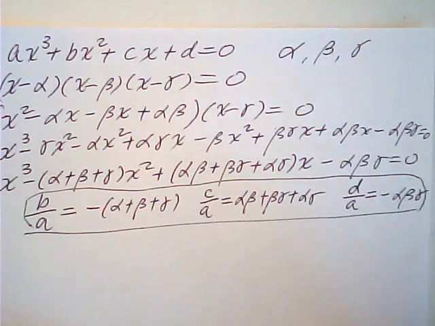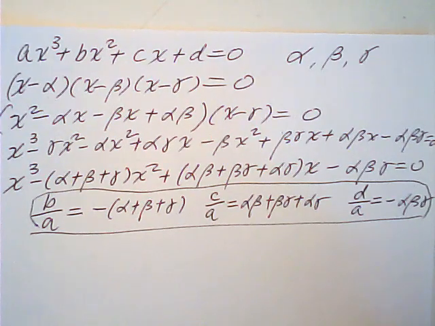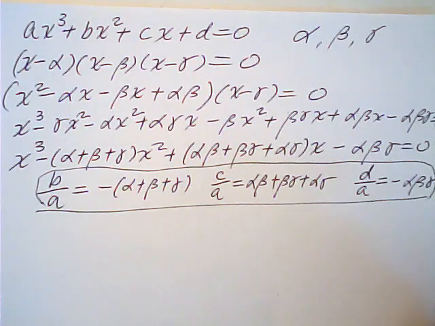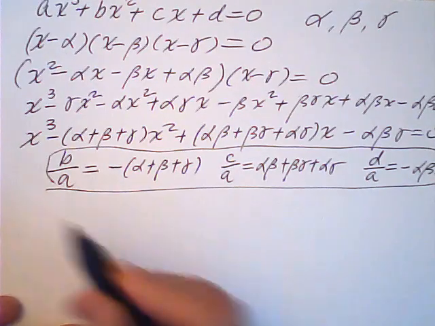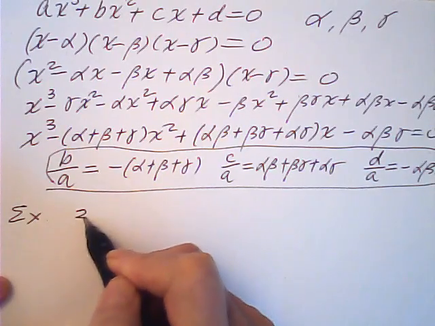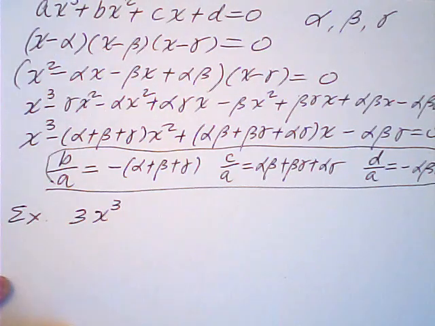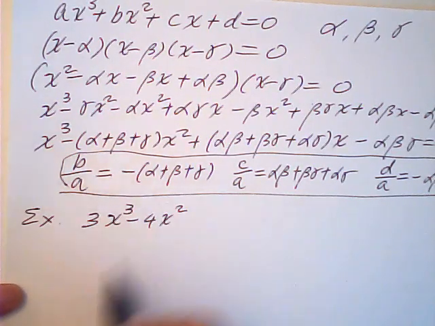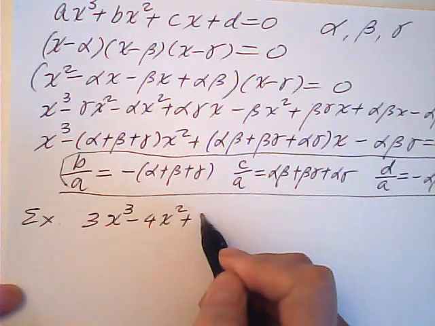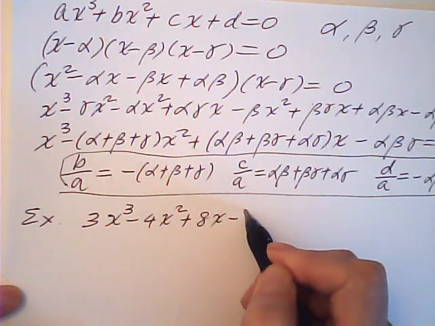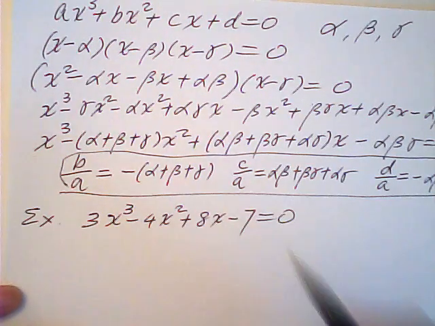With this, we can calculate some interesting questions. Okay. For example, this is the equation: 3x cubed minus 4x squared plus 8x minus 7 equal to 0.